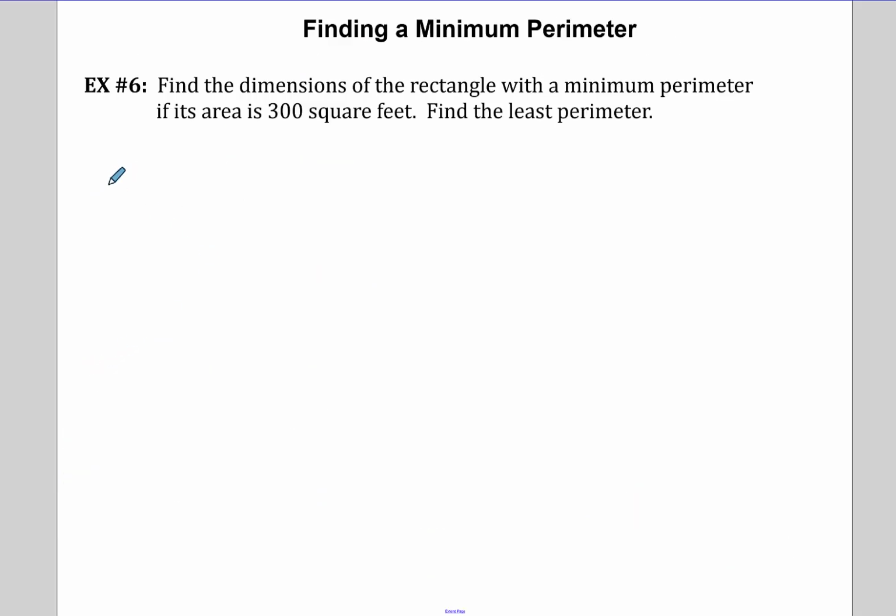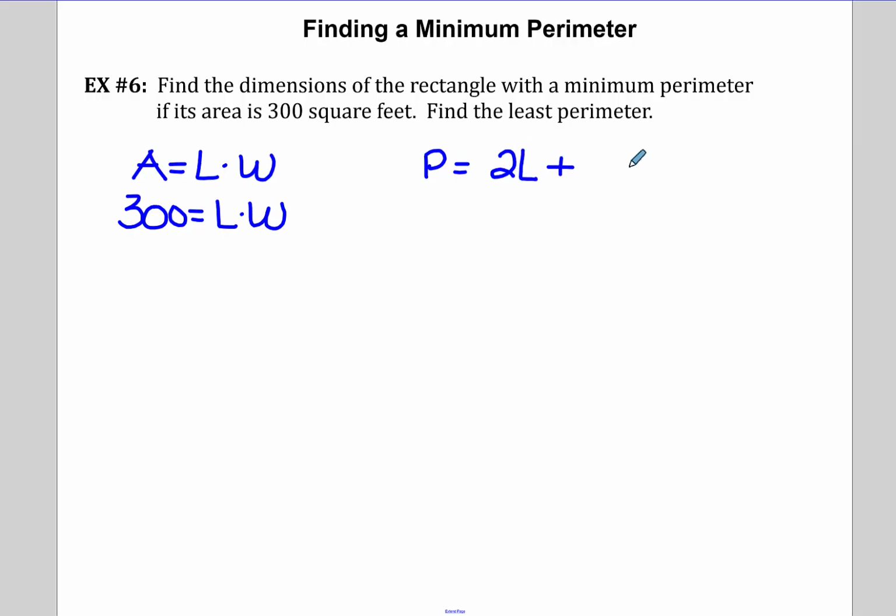We want to find the dimensions of a rectangle with a minimum perimeter if the area is 300 square feet. So if area of a rectangle is length times width and the area is 300 feet, and we've got perimeter that we're looking to find a minimum for, perimeter is 2 times the length and 2 times the width.